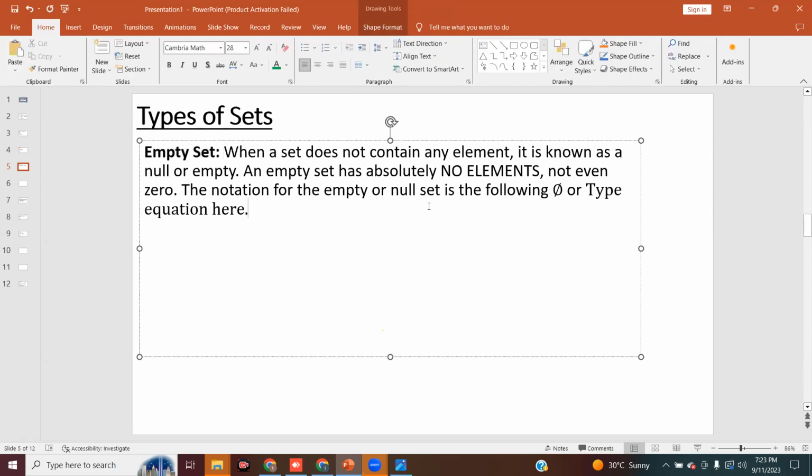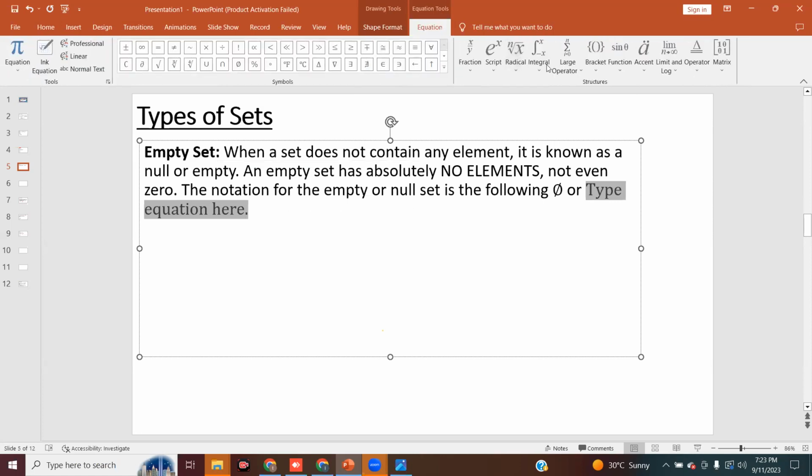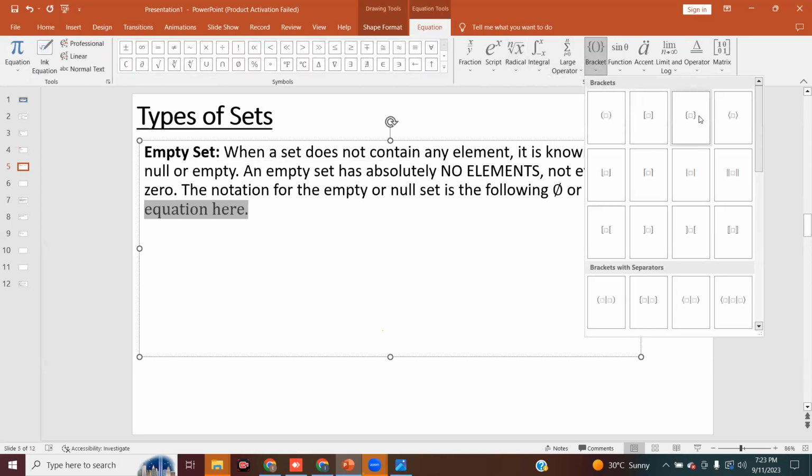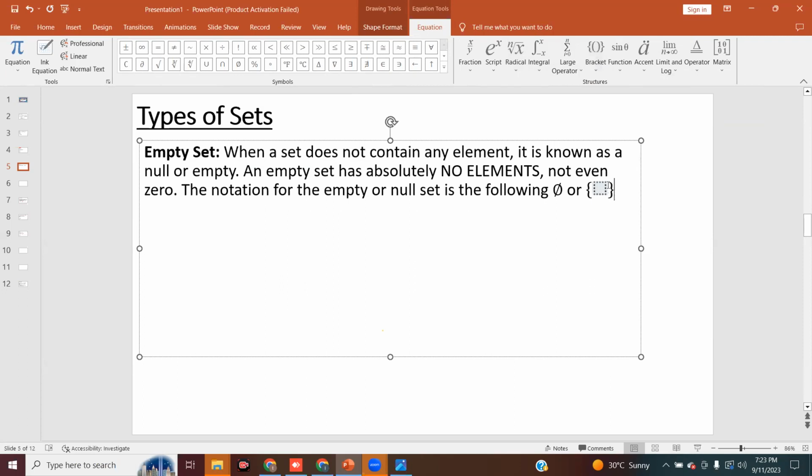Okay, it's close. So the other one is, like I said, a set with nothing inside. I don't like this one because this has something inside of it. Okay, I know what I could do.